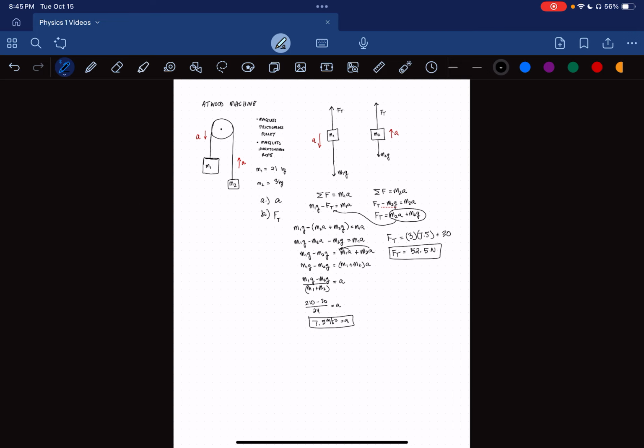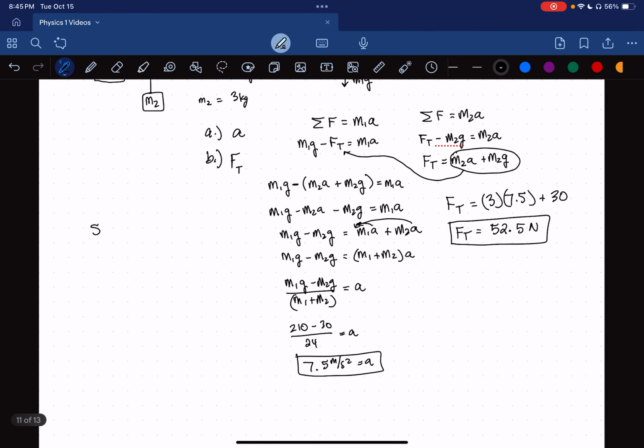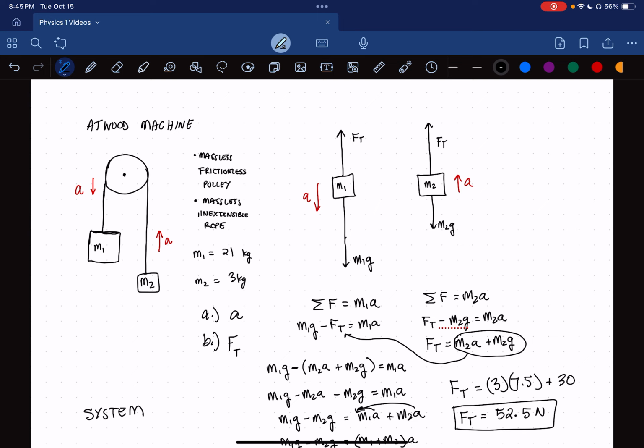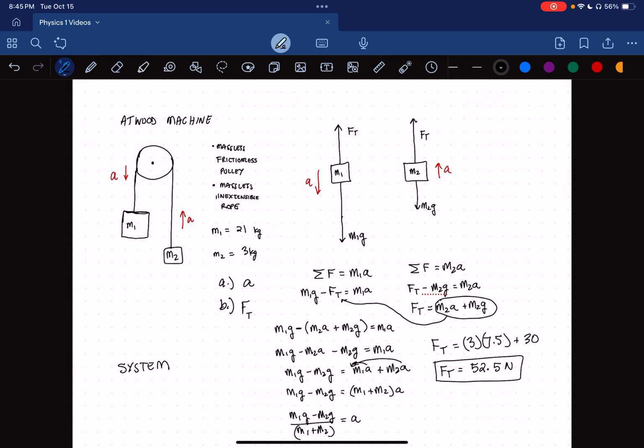Now let's look at the shortcut. So if we look at it as a system, here's how this kind of works. Because they are going at the same acceleration, because m2 is going up with the same acceleration as m1 going down, we can think of them as a system.